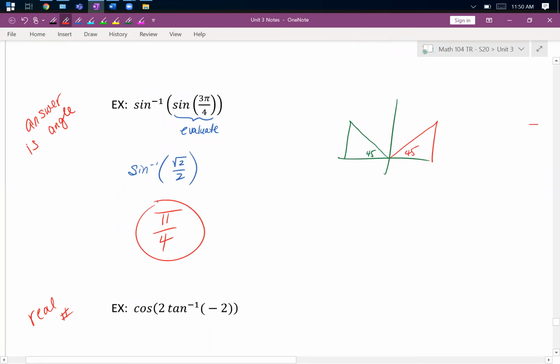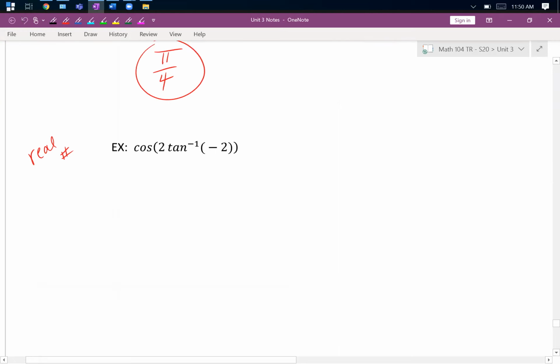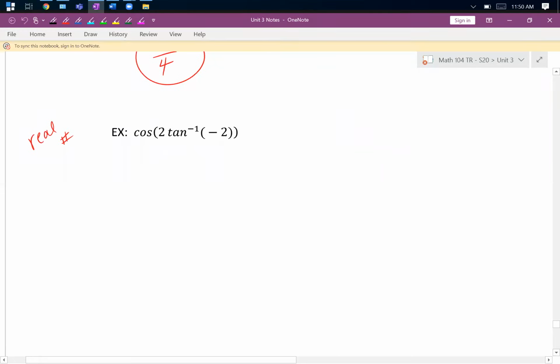Questions, anybody? Before we get to the next ones, they're a little more complicated. Here, we want to find cosine of 2 tan inverse of -2. I've said over and over that our inverse function, it's just an angle.